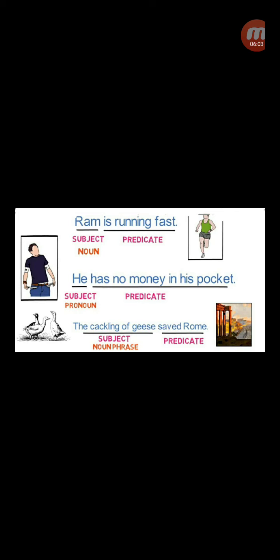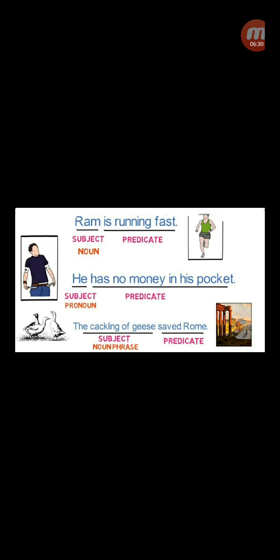Now let's see the third example. The cackling of geese saved Rome. Now here we are talking about whom? Geese. But it is not one thing that we are talking about. There is a certain action that is a gerund with a verb, right? Cackle, cackling. So what are the geese doing? Cackling.